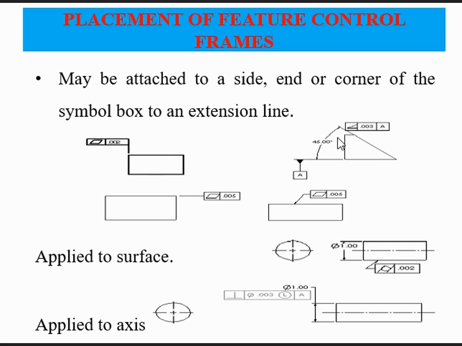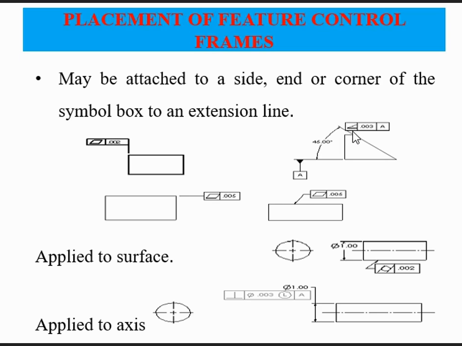Similarly, let's say this is the second thing. Here the angle is 45 between the two surfaces. This is the bottom surface, this is the top surface. So the angle between the bottom surface and top surface is 45. It should be 45 always, but while manufacturing, it may or may not be 45 degrees. So to compensate for the manufacturing error, I am giving a geometrical tolerance with the name of angularity.